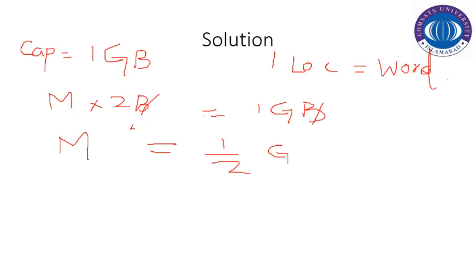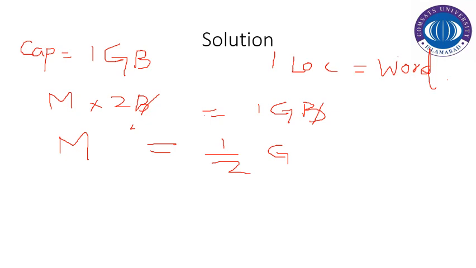So what we will see is, if the number of locations are halved in this particular case, what will be the effect on the address lines? Are the address lines also needed to be halved, or what will be the impact on the address lines here?